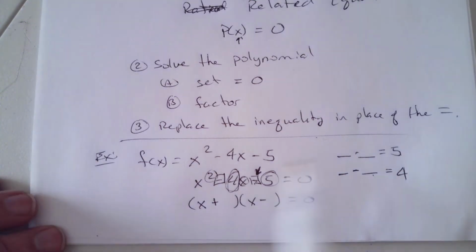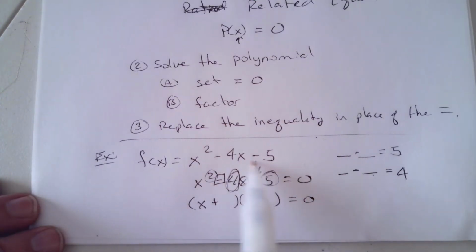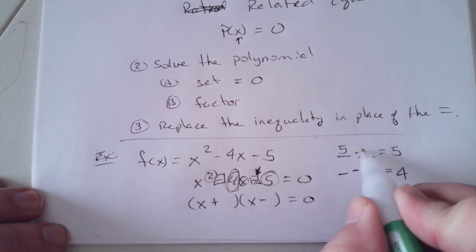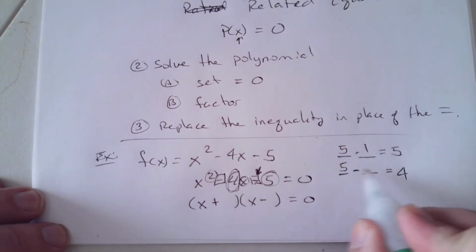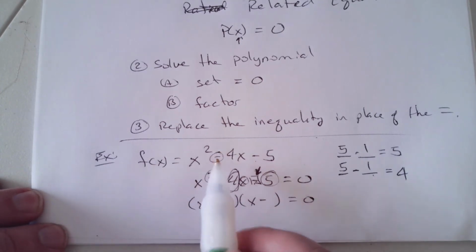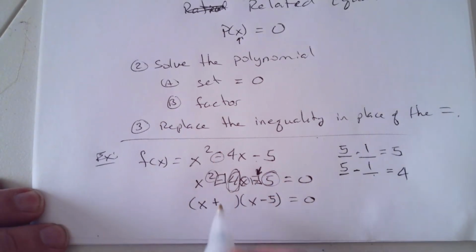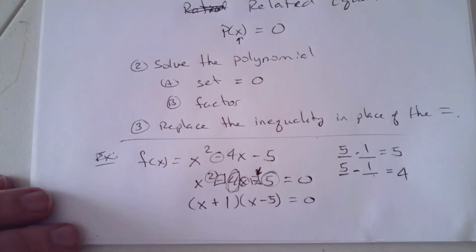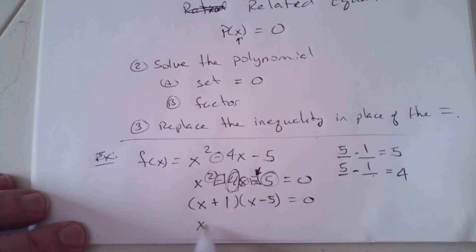So what times what equals the last term? When you subtract them, you get the middle term. 5 times 1, 5 minus 1. Since the first sign is a negative, the 5 goes in the negative. And then we go ahead and solve these. Set these equal to 0 and solve them.